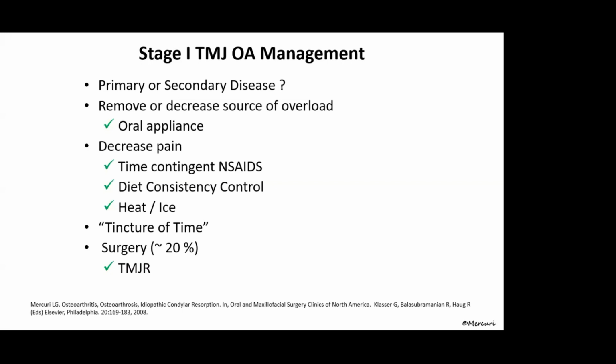So the first thing we did was we removed or decreased the source of any overload on that side. So we gave her an oral appliance. In order to decrease her pain, we used time-contingent non-steroidal anti-inflammatory drugs. And by time-contingent, I mean the use of these drugs either twice a day if we're using something like Aleve, or 4 times a day if we're using something like ibuprofen.